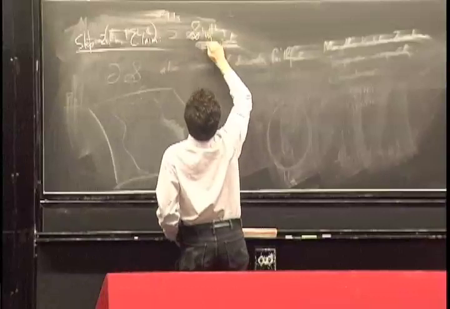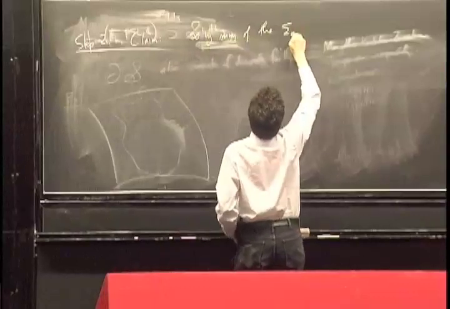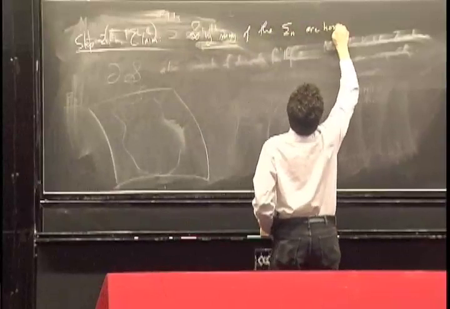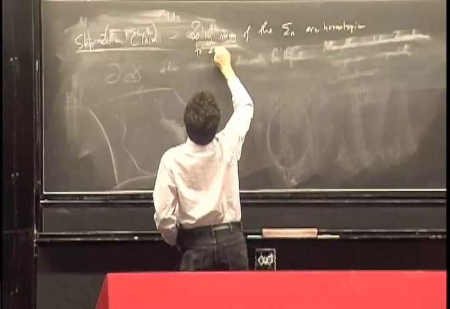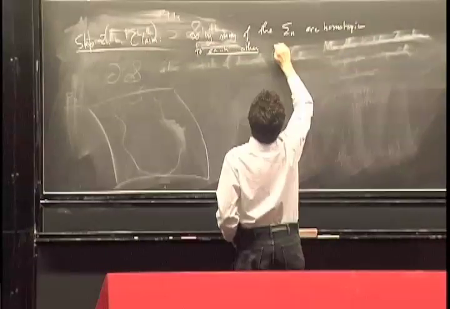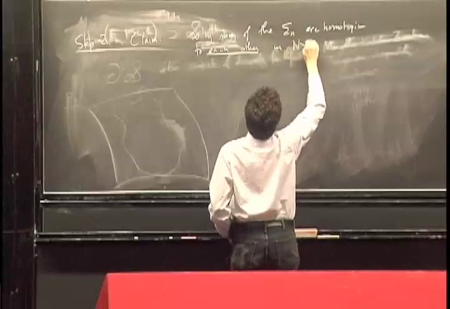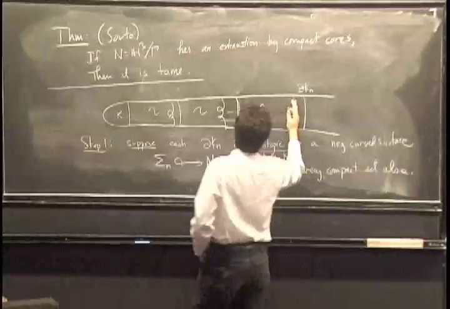I want to claim infinitely many of the sigma_n are homotopic to each other in the complement of the compact core. So I can actually map these to each other.